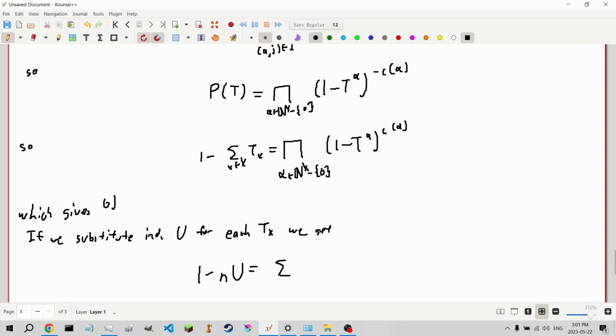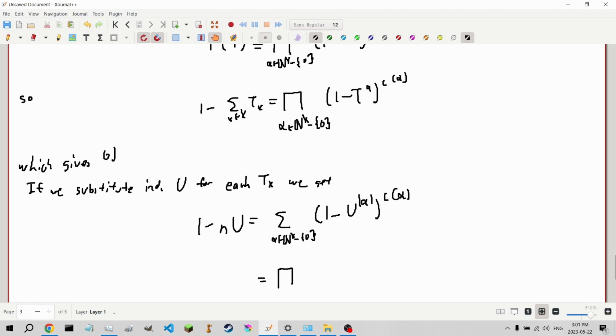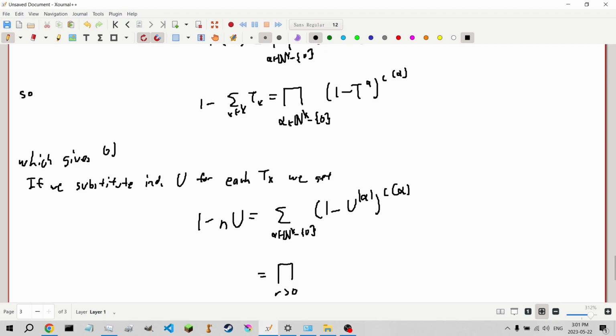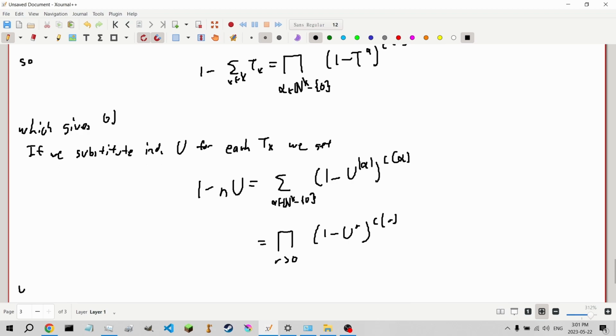It's going to equal the sum across alpha in N^X minus 0 of (1 minus u) to the size of alpha to the c alpha, which is the product for positive r of (1 minus u to the r) to the c of r, which gives a.